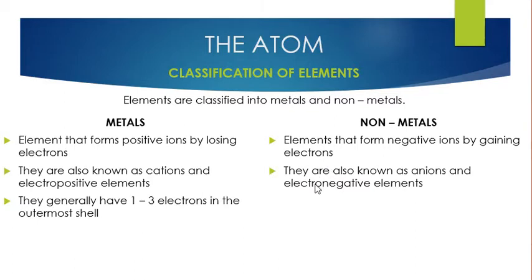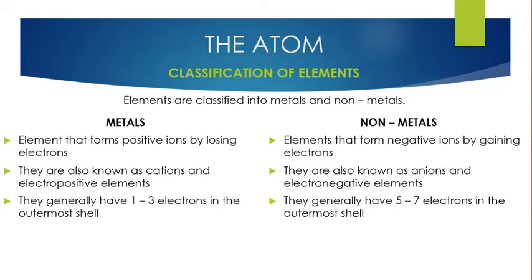See, it's just a combination of electron and negative. Then the third thing you should always remember about nonmetals is that they range between 5 to 7 electrons in the outermost shell. Most of the nonmetals you encounter are just between 5 and 7.